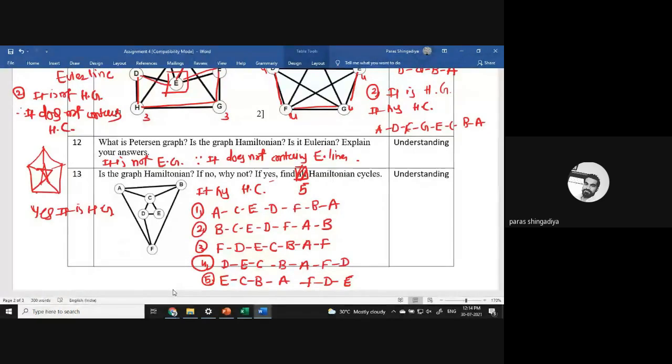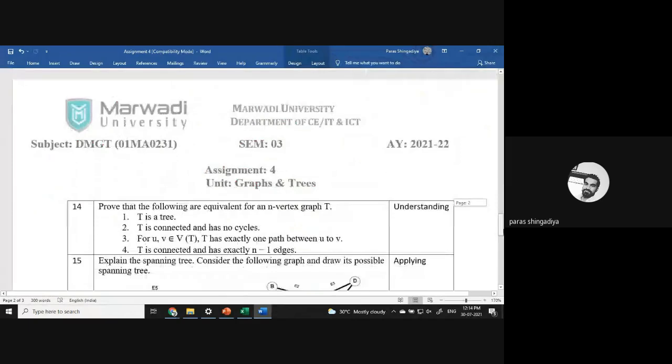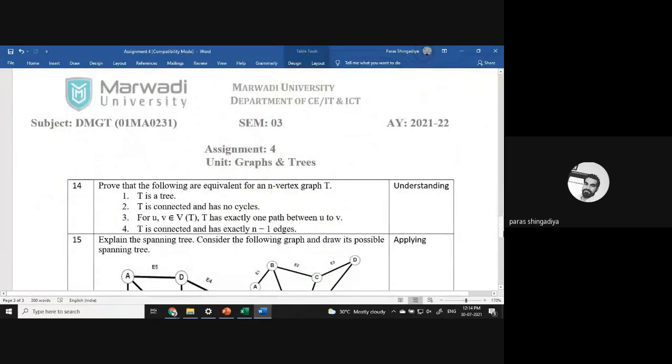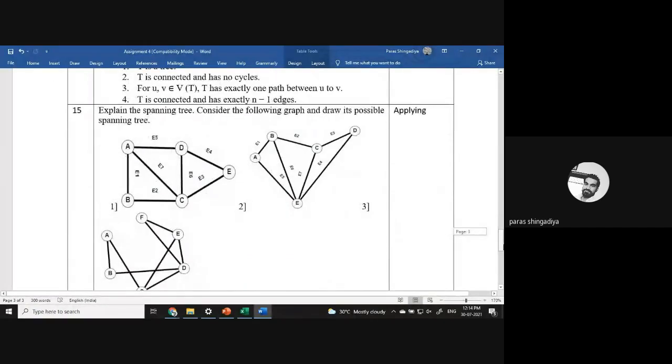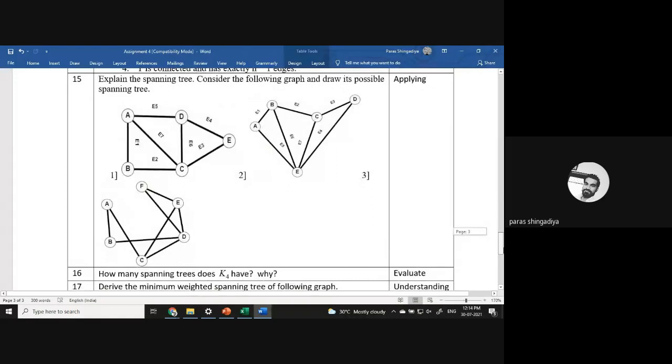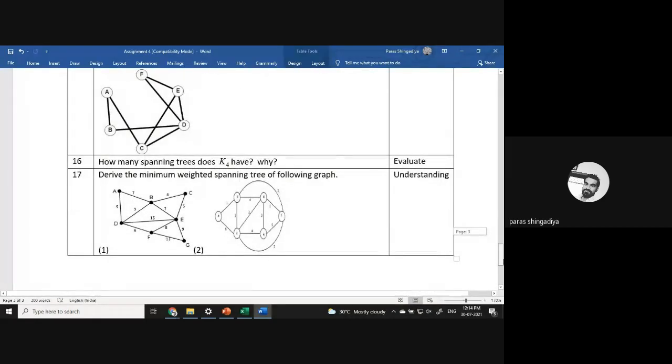There is one theorem which you have to prove as an equivalence, that is question 14. Then question 15, you have to draw some spanning trees, then question 16, how many spanning trees in K4, and then question 17, you have to derive a minimal spanning tree using Kruskal's algorithm. So those 4 questions will be completed in the next lab.